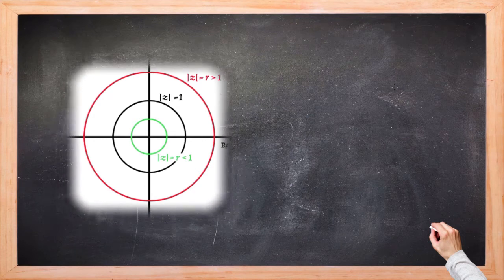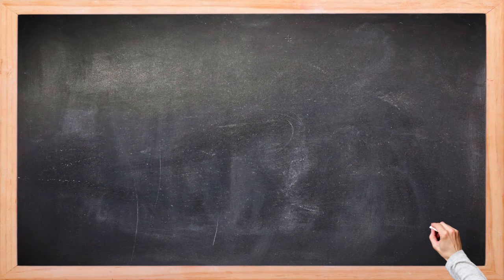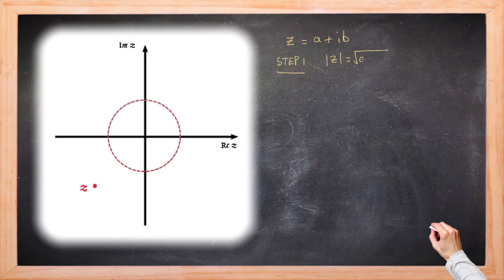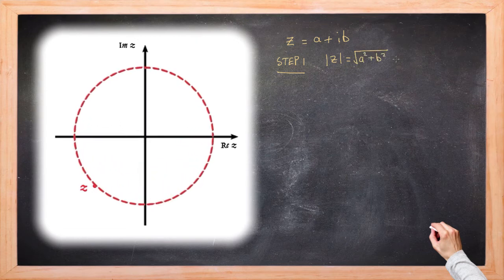Let's try and gather these facts together to see if we can work out the polar form for any complex number z. Suppose we've got z equals a plus ib. So step 1, that would be to find the modulus of z. And we do have a method of doing that, square root of a squared plus b squared.